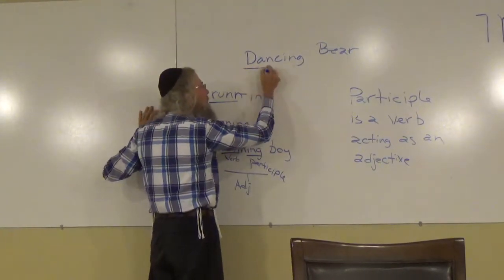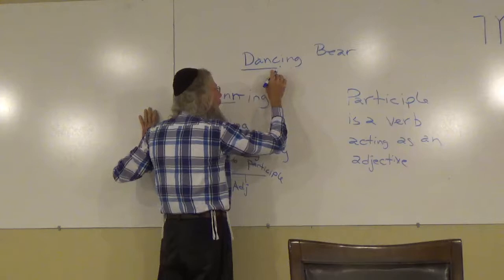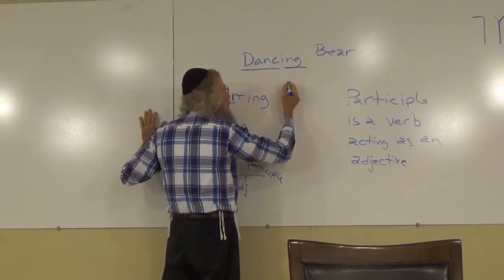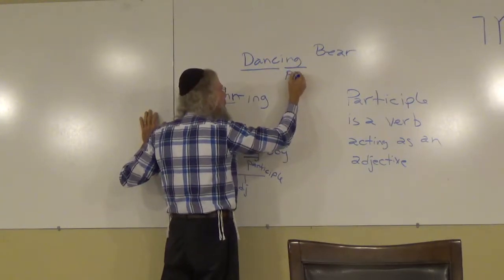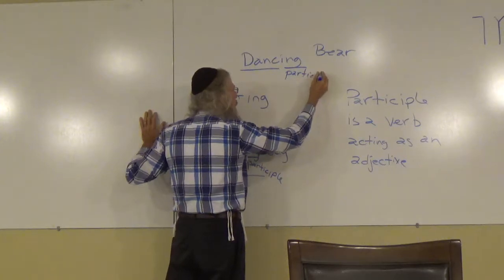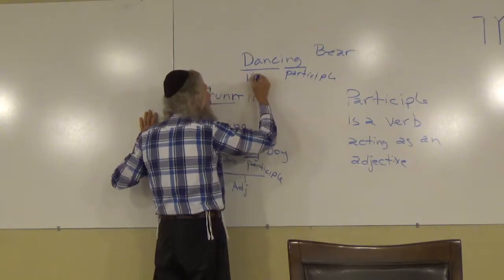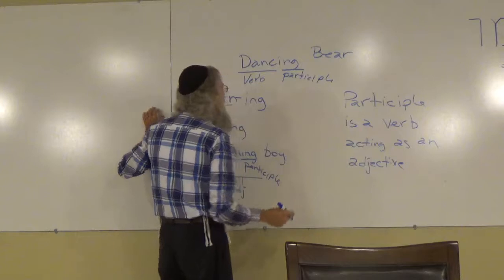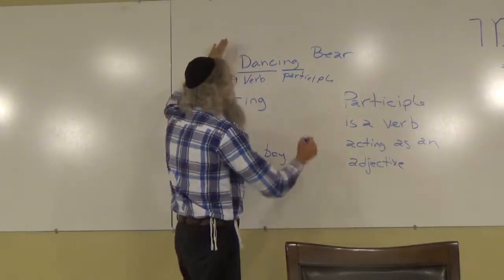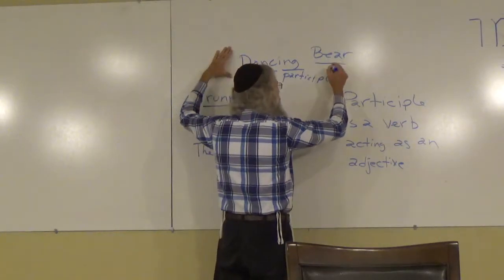The verb is dance. Okay, so you take the verb, you add ing, that makes it the participle. Now it's acting as a descriptor to the noun.